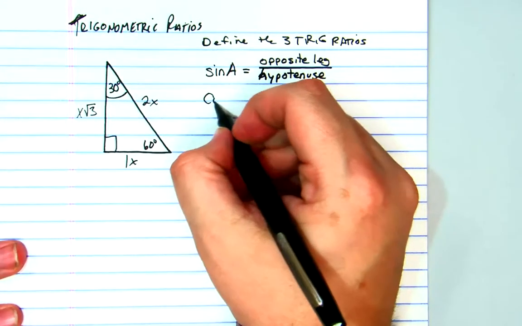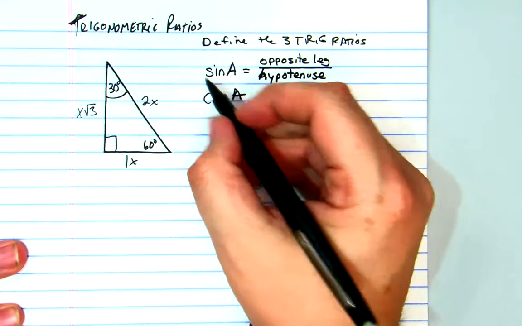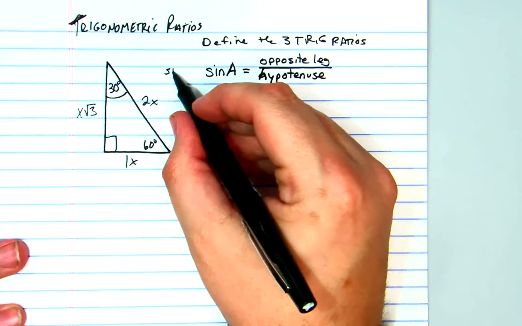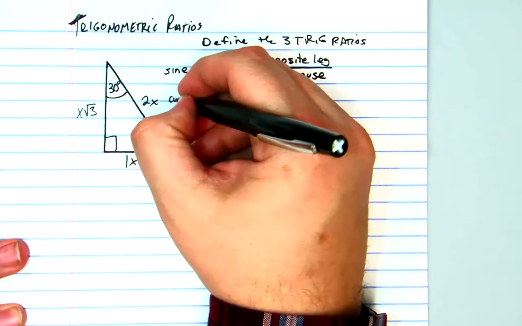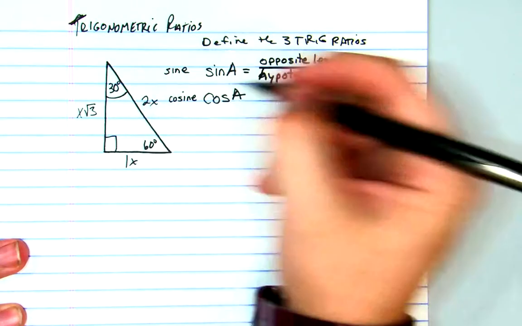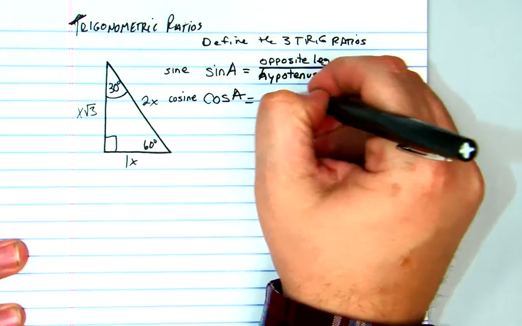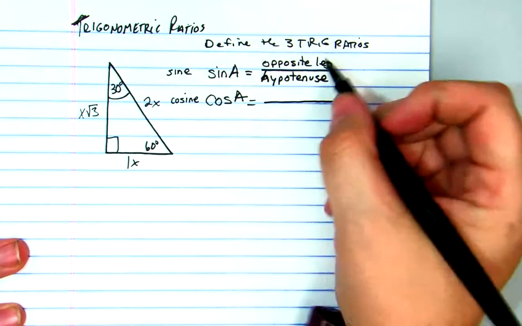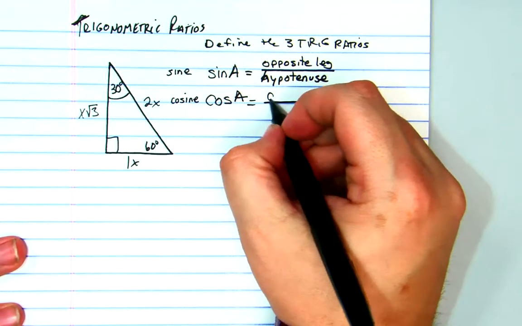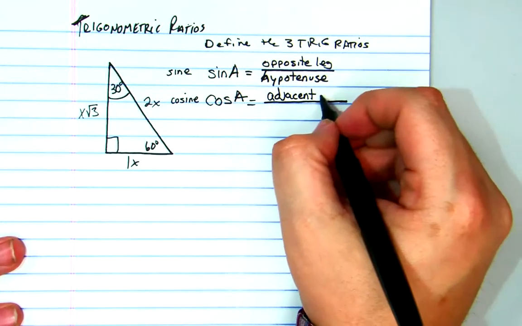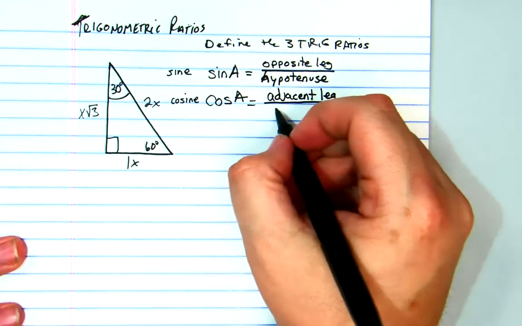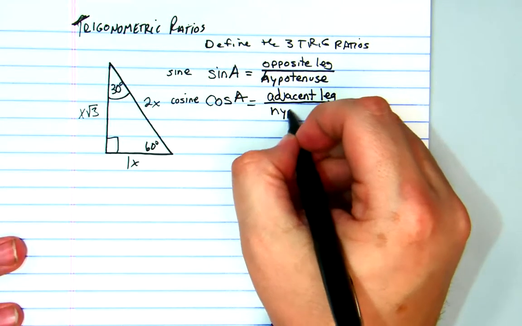The next one is called the cosine of A. This is sine. This one is cosine. It's not a typo. Sine is spelled without the G. Cosine is going to be the adjacent leg to the angle that we're looking at, over the hypotenuse.